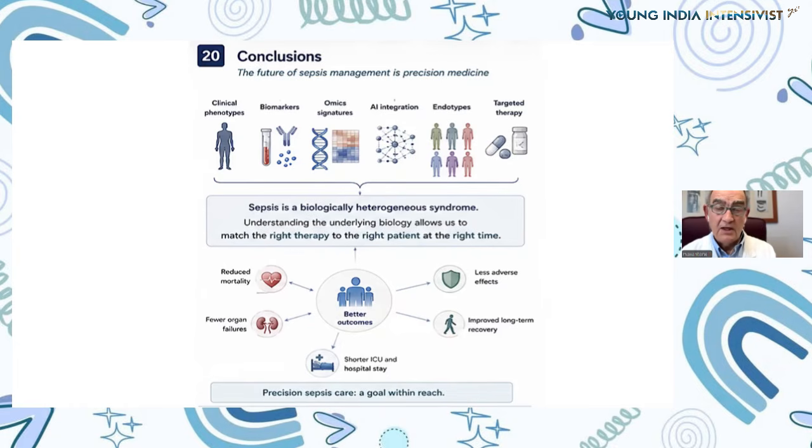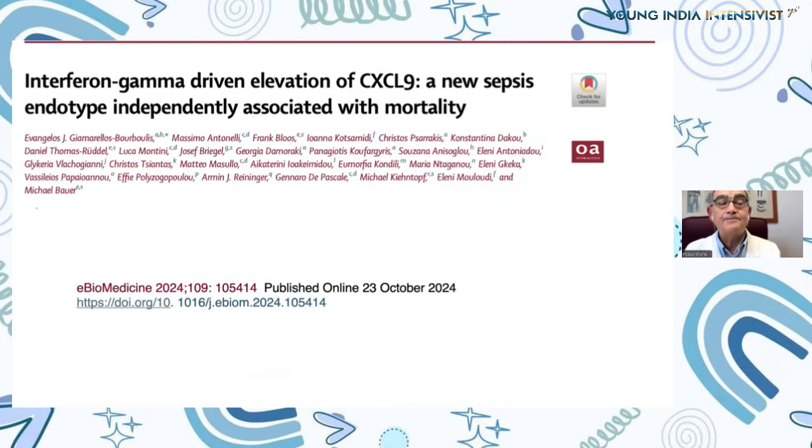For sure, if this were the goal, we may achieve fewer adverse effects, a better outcome, improved long-term recovery. So the precision of care may translate into a better outcome, intended not only in terms of mortality, but also in quality of life and recovery of the failed organs.